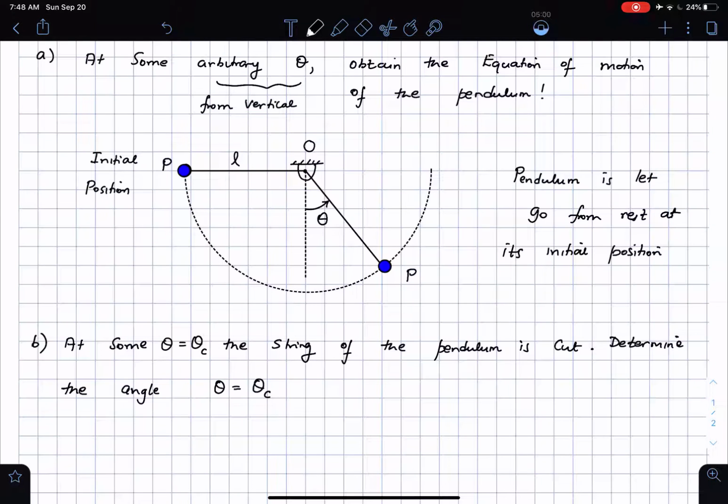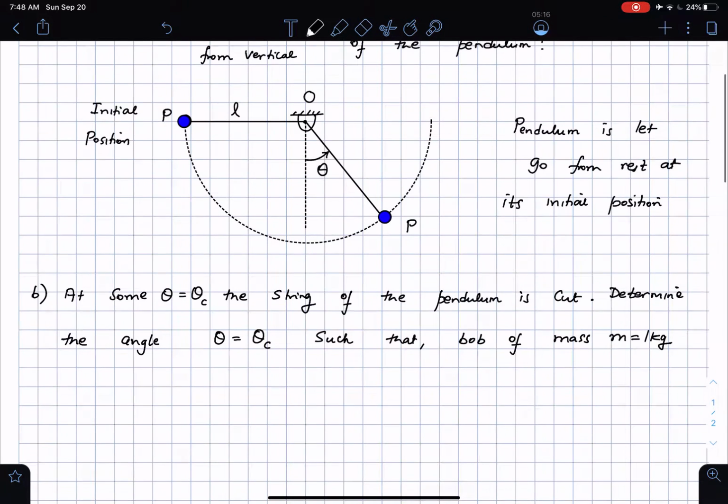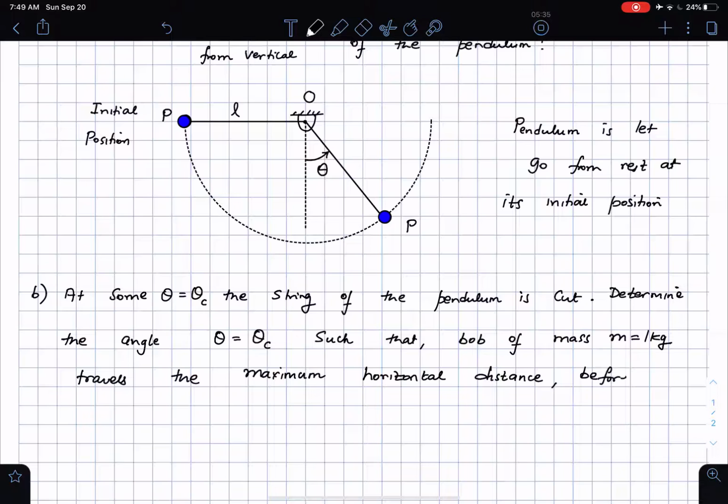Determine the angle theta c such that the bob of mass m equal to 1 kilogram travels the maximum horizontal distance before it reaches the height it had at the time the string was cut.